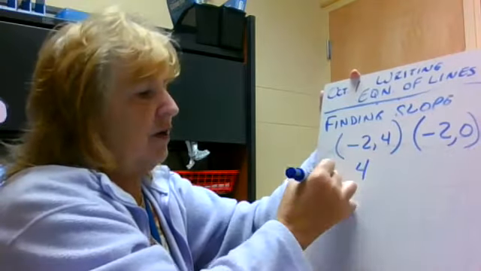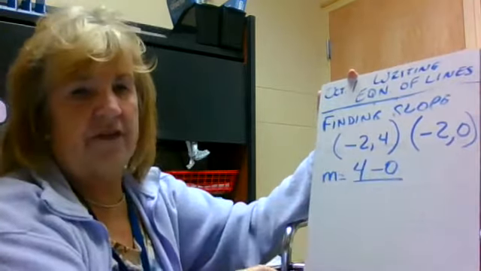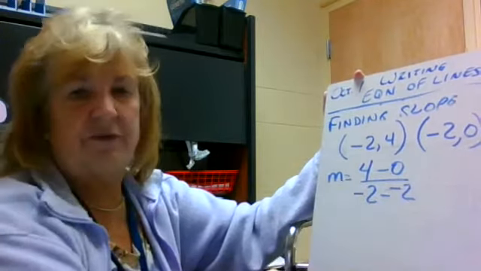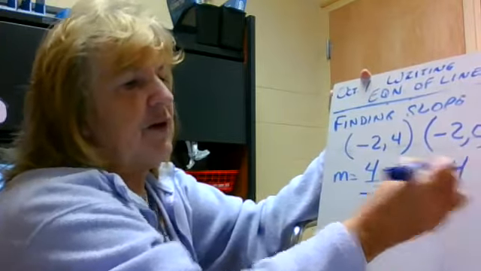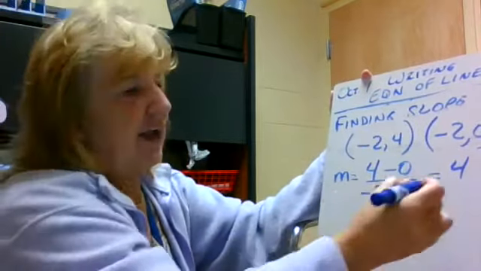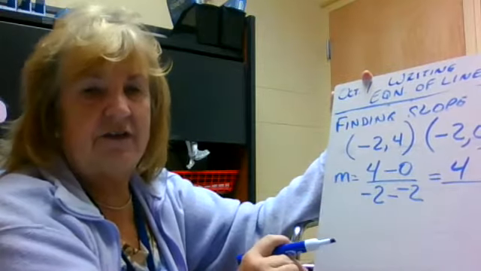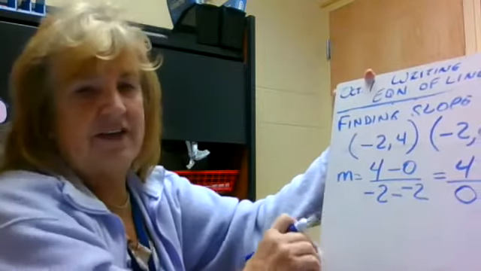So 4 minus 0, and then negative 2, subtract negative 2. 4 minus 0 is 4. And again, a subtraction with a negative becomes addition. So negative 2 plus 2 is 0.